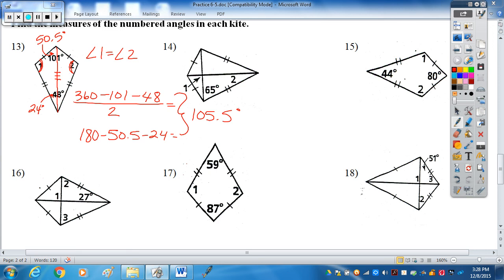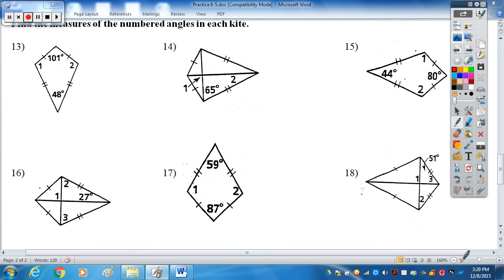For the last problem I want to look at with you guys, looking at number 14 just to make sure we have this down. If I go ahead and look at number 14, here's what we have. Angle 1 is pointing to the angle formed by the 2 diagonals. So again, I would always start with the fact that diagonals are perpendicular within a kite.